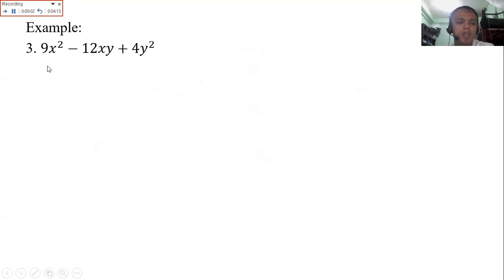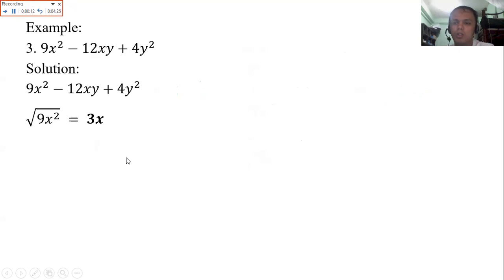Next, another one. We have 9x squared minus 12xy plus 4y squared. Again, ganun pa rin yung process. Square root of 9x squared, that is 3x, because 3x times 3x is 9x squared. So, now, square root of 4y squared, that is equal to 2y. 2y times 2y is 4y squared.